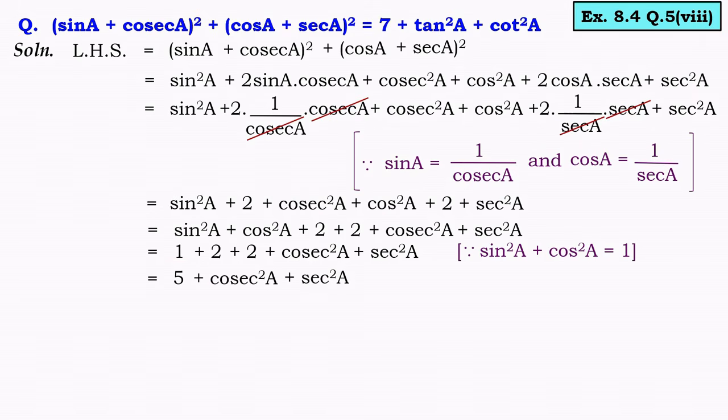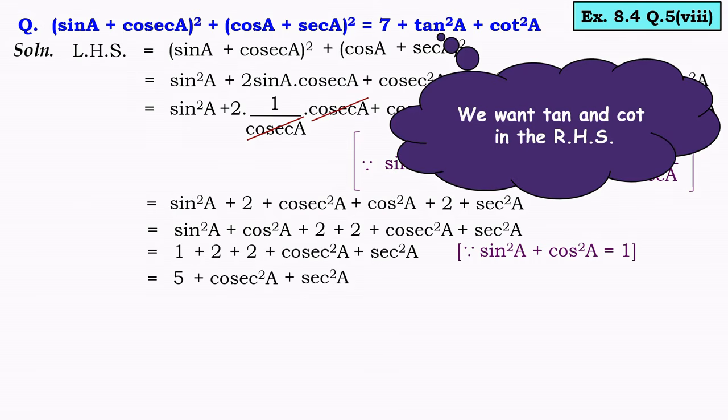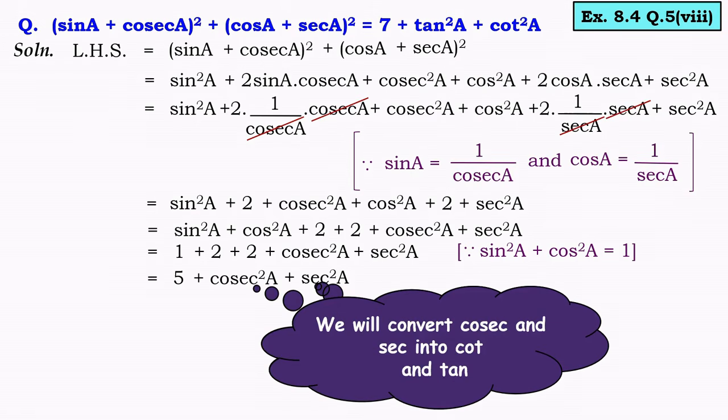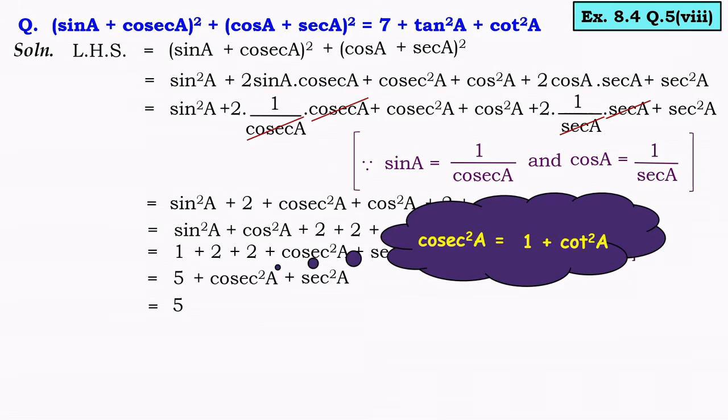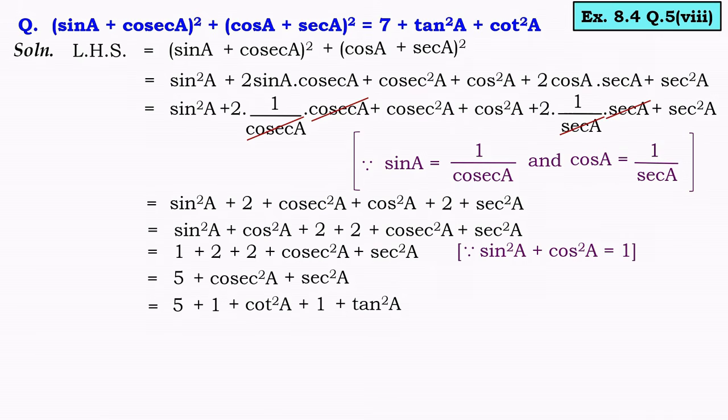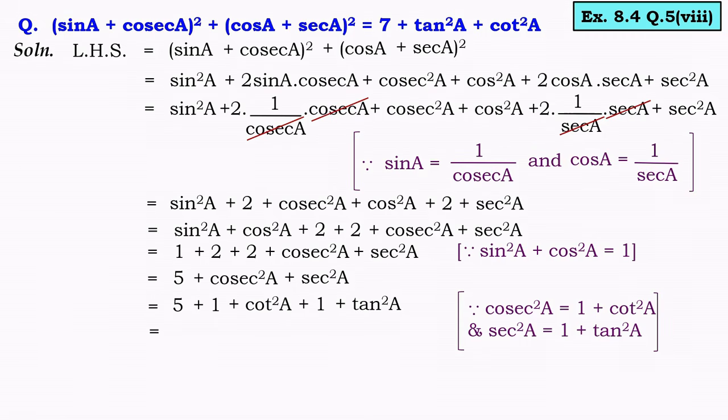Now we want tan²A and cot²A in the right-hand side. So, we will convert cosec²A and sec²A. Using the identities, cosec²A is equal to 1 + cot²A and sec²A is equal to 1 + tan²A. Substituting these, we get 5 + 1 + cot²A + 1 + tan²A.